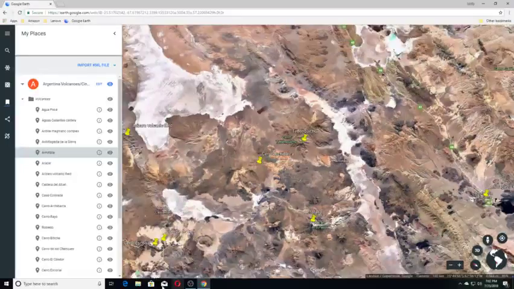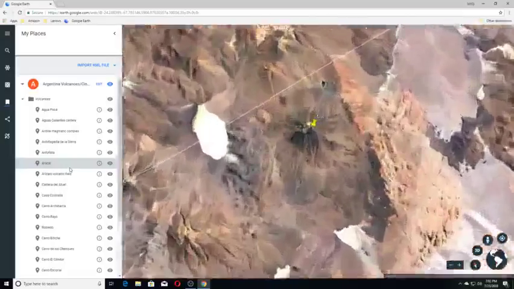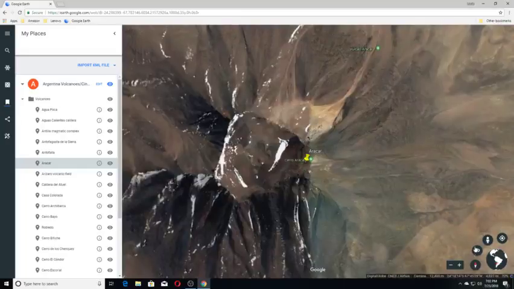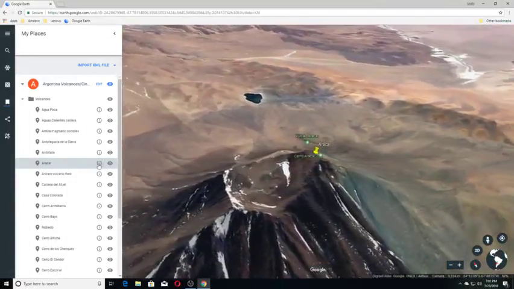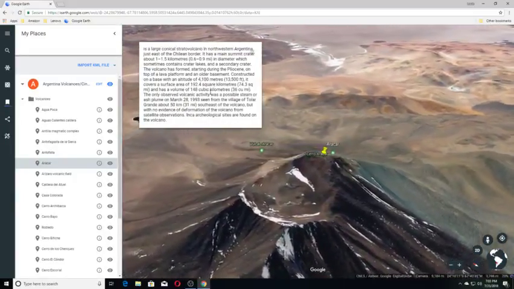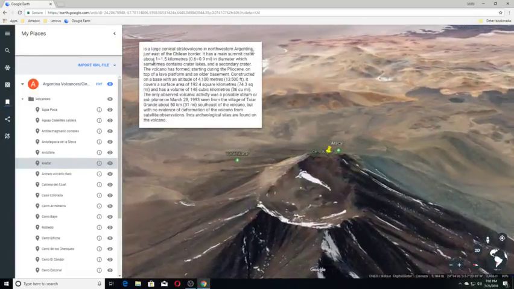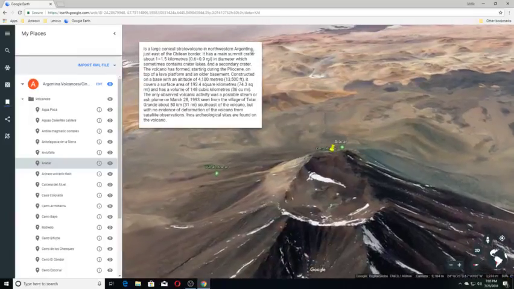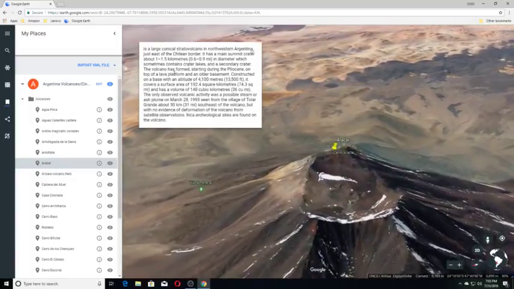Our next one is Aracar. And this is a large conical stratovolcano in northwestern Argentina, just east of the Chilean border. It has a main summit crater about 1 to 1.5 kilometers or 0.6 to 0.9 miles in diameter, which sometimes contains crater lakes, and a secondary crater.